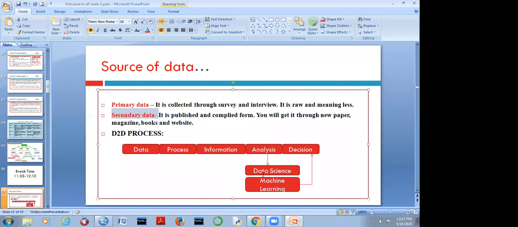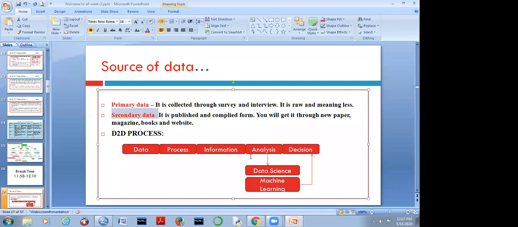And what is data science? There are more things. In data science, there is a lot of statistical and mathematical combination. There are some algorithms, and with the help of a programming language you make algorithms.